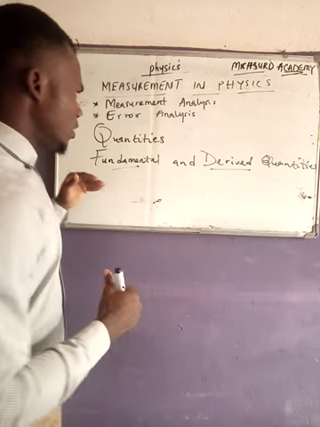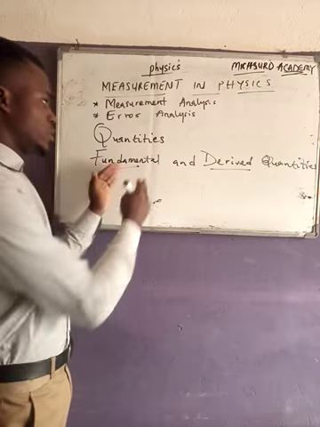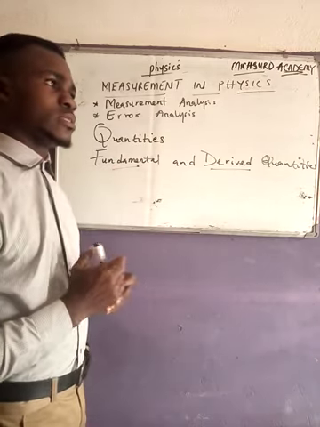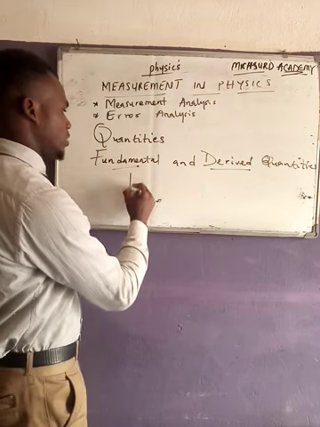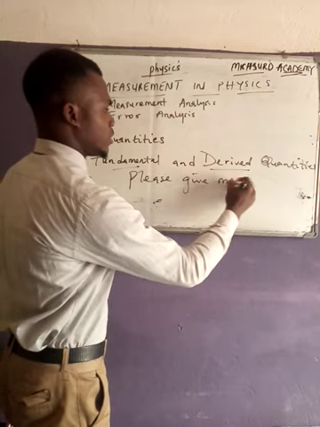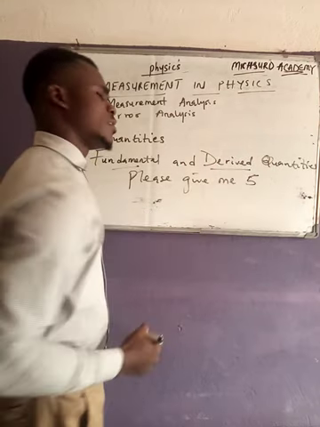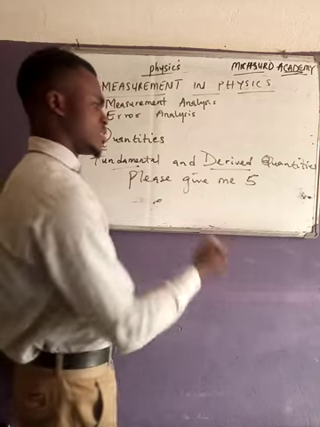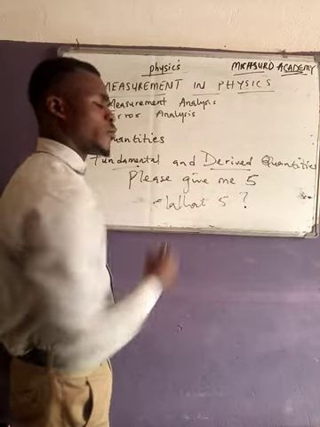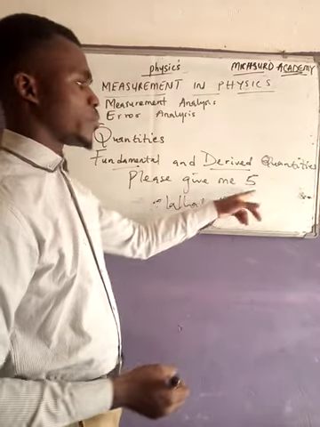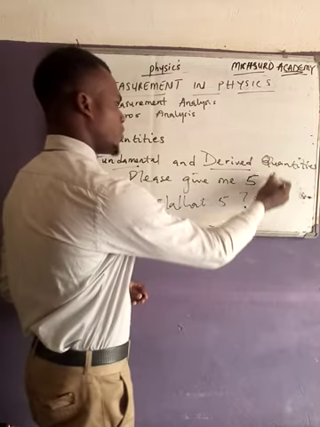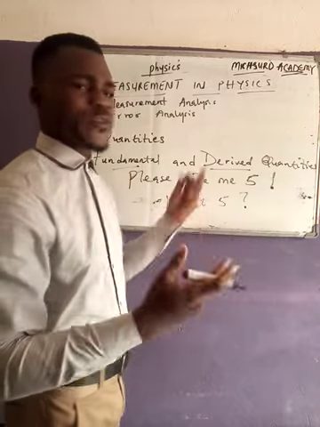Later we will still discuss the fundamental and the derived quantities. Let's look at this scenario. Someone says, please give me 5. You ask the person, 5 what? Because this 5 is not properly defined. It does not make any sense to say give me 5.